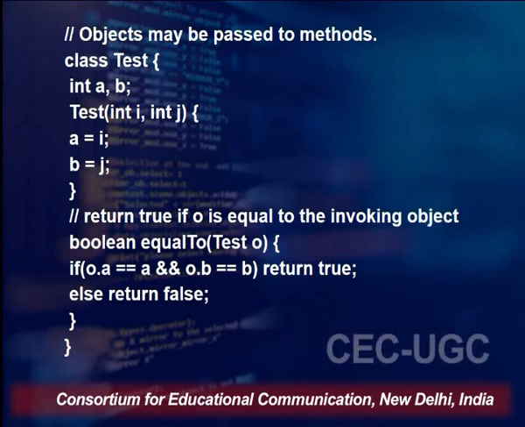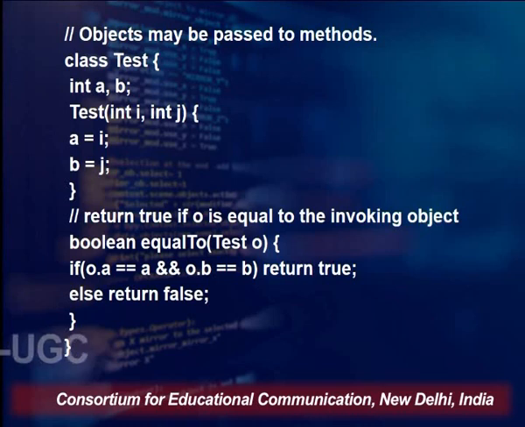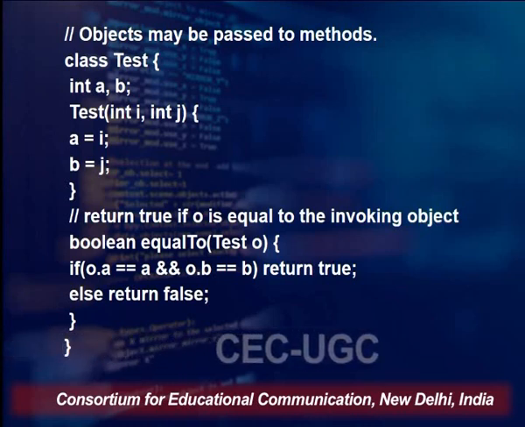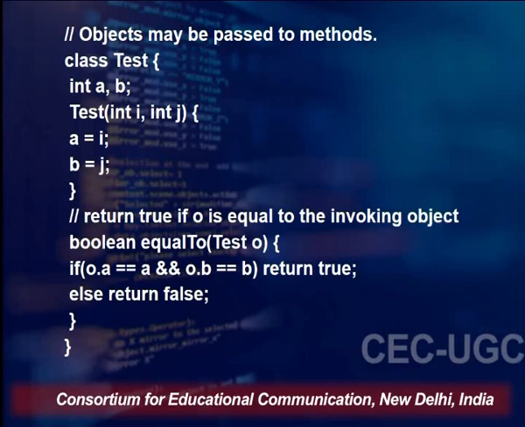When we pass integer a, that means a is of type integer. Here we are passing Test o, that means o is of type Test, and please remember that Test is the class. Then we have performed some calculations on that.